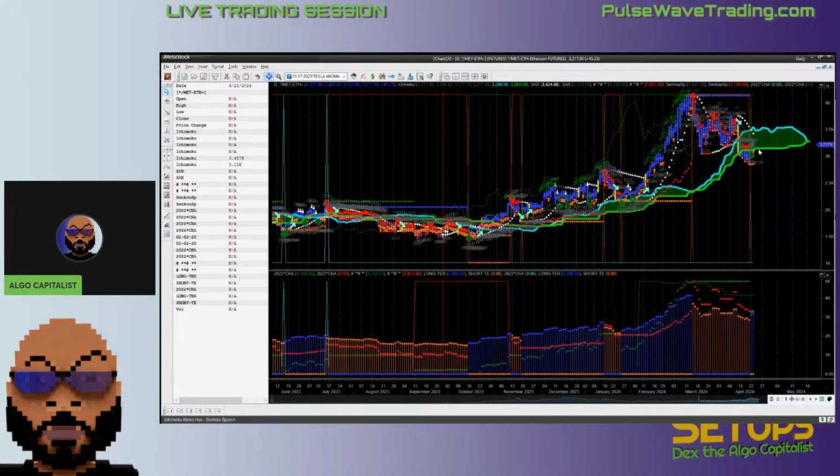So you want to see the market stay above the bottom of the Kumo cloud here. 3K is a key psychological support, and you have an actual support zone right here at 2852. So 2852 is the floor now for the Ethereum.